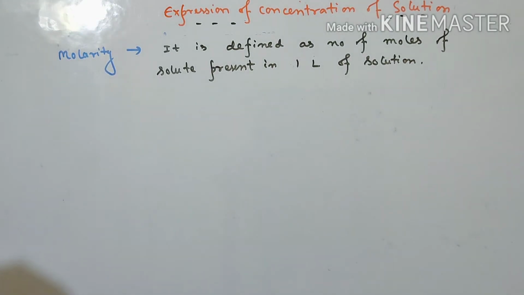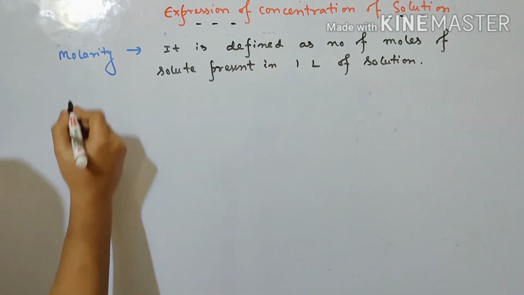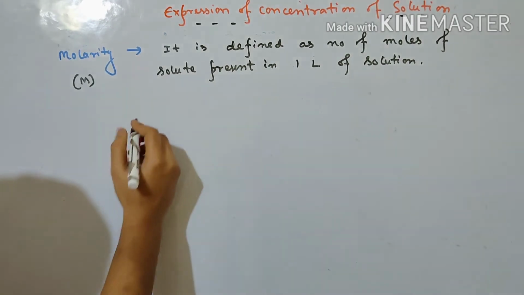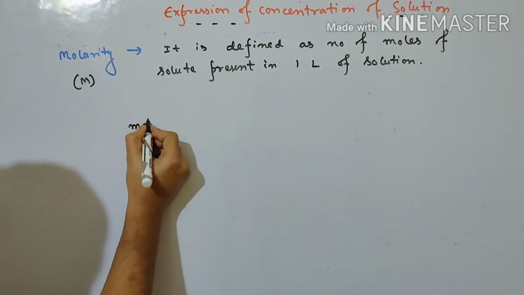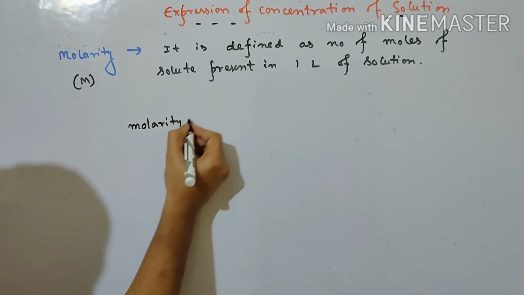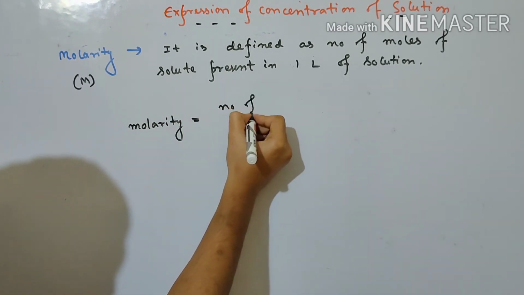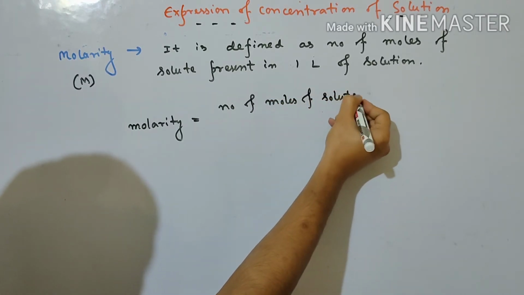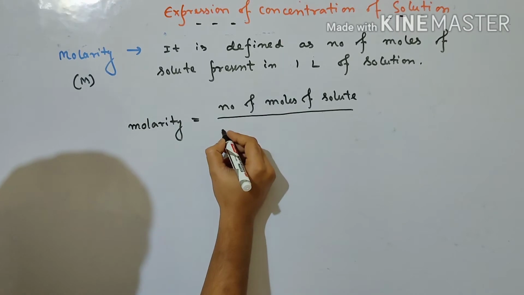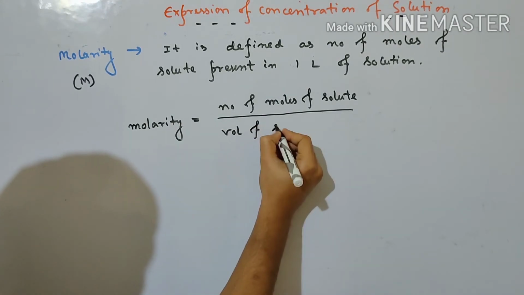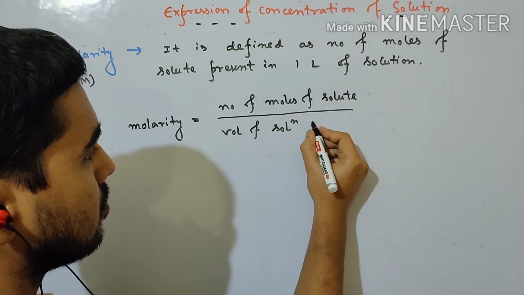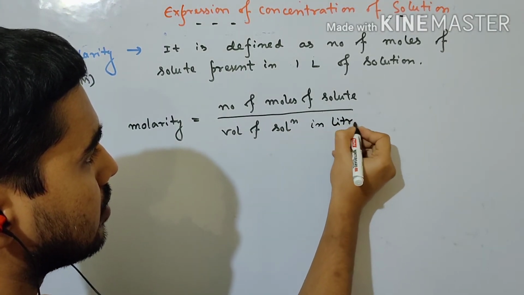So mathematically, how will we define? Remember, molarity is always expressed in capital M. The definition will be: molarity should be number of moles of solute divided by volume of solution in liters.